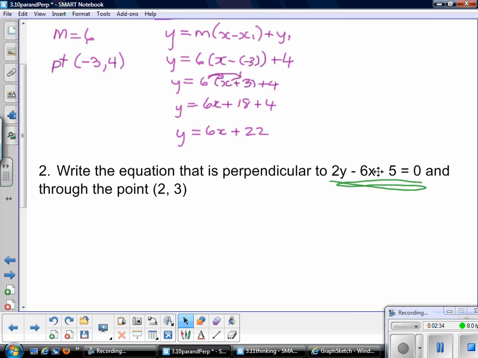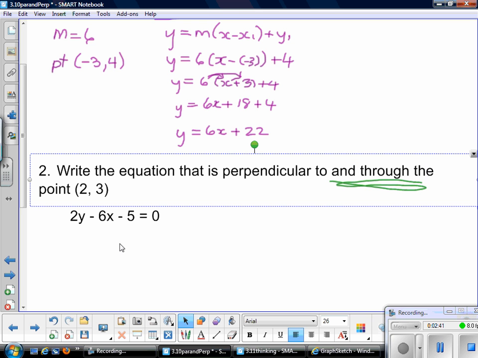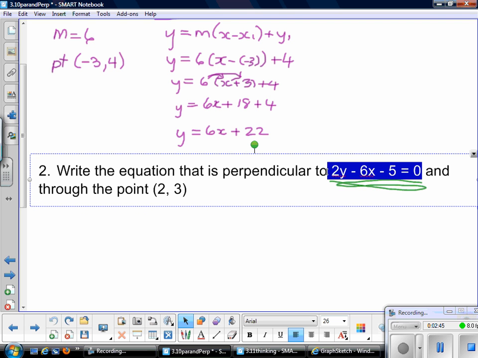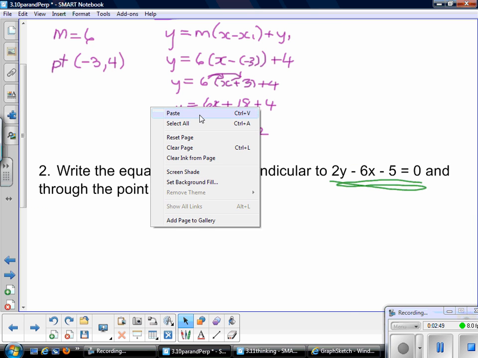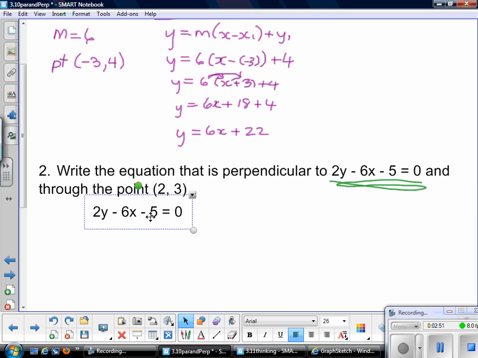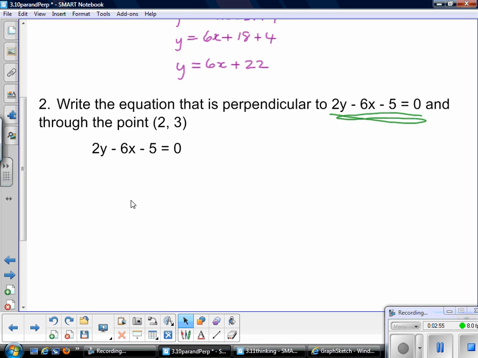So I'm going to copy it and paste it down here. This is where I'm starting. First of all, I have to rearrange this formula so I get y by itself.